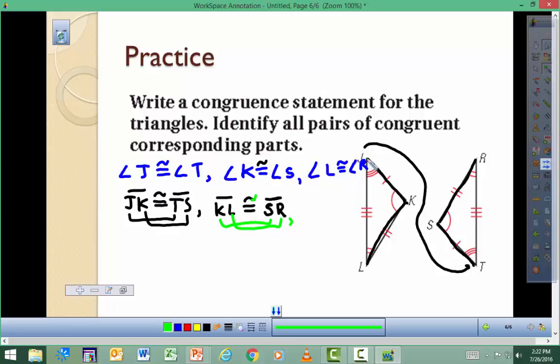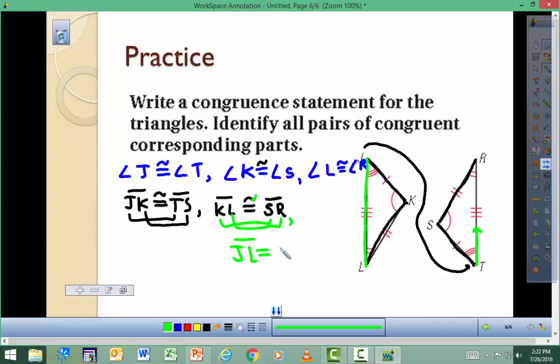So we have the final segment of this triangle. We could call it JR, or excuse me, JL. JL is congruent to which one? Well, the J matches up with the T. And this side is going up this way.